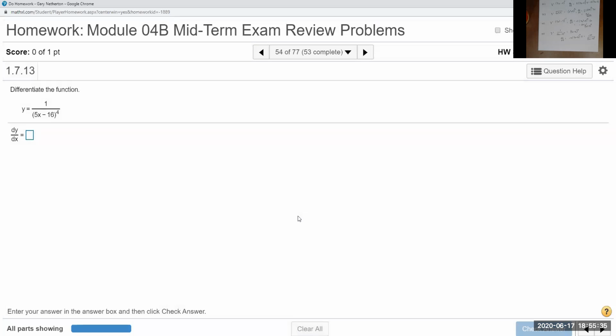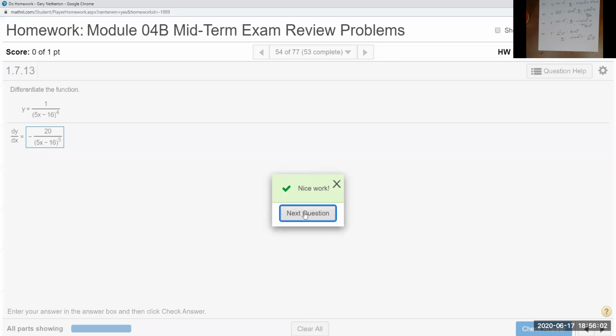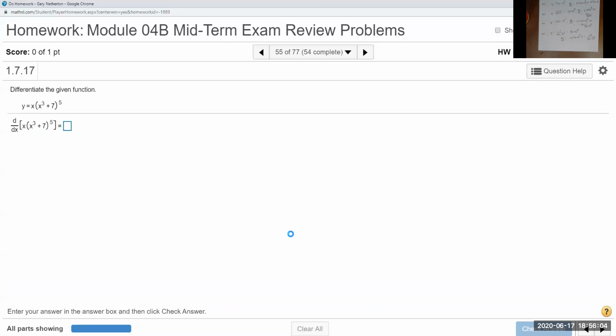Let's see if we can finish it off. This last one was negative 20 over 5x minus 16 raised to the 5th power. All right. It's my lucky day. They're all correct.